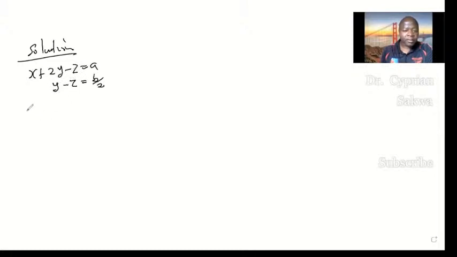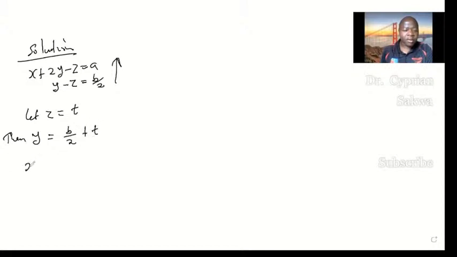So we let z be t and then solve this system going up. If z is t, what will be y? Then y becomes b out of 2 plus z, but z is t.